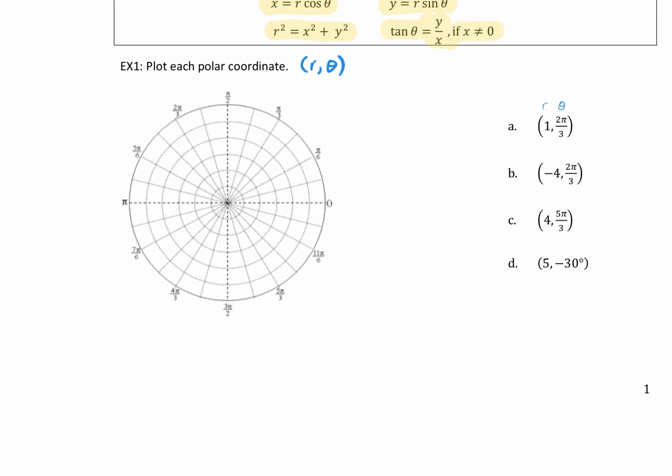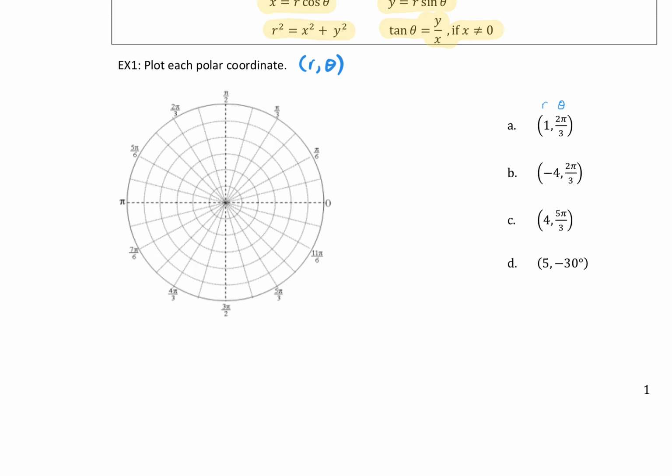Even though the r comes first, I usually go to 2 pi over 3 first. So here's our 2 pi over 3. And then I'm going to go a distance of 1. So a distance of 1 would give me this point here.